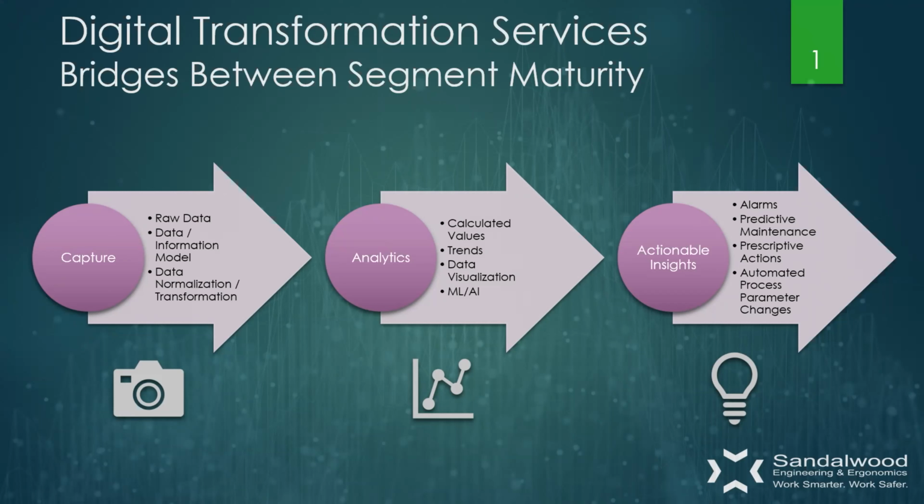Also being able to do prescriptive actions, so based on trends in the data for your manufacturing process, telling operators to do certain things to keep your processes in control. And then even further along, being able to automatically make process parameter changes, to feed commands and set points back to the PLCs from an ML or AI model.